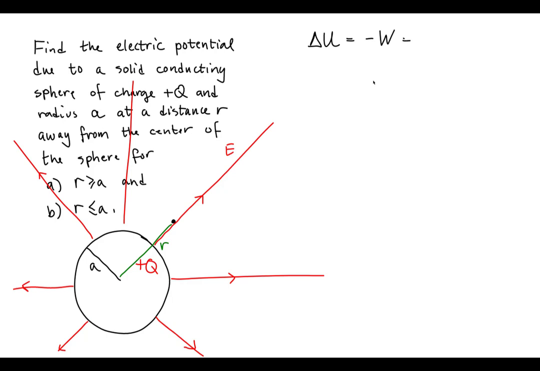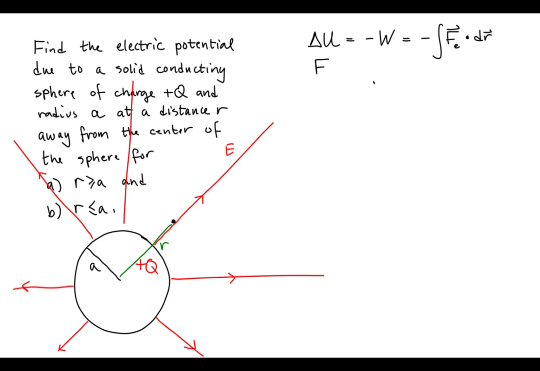In this situation, that is minus the work done by the force due to the electric field, and that's given as the line integral of the force and a differential for position, for displacement rather.